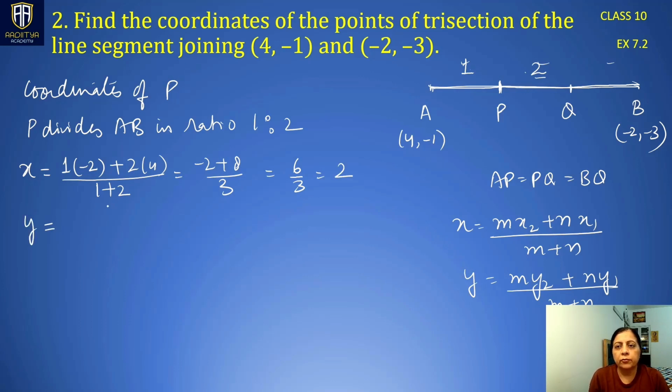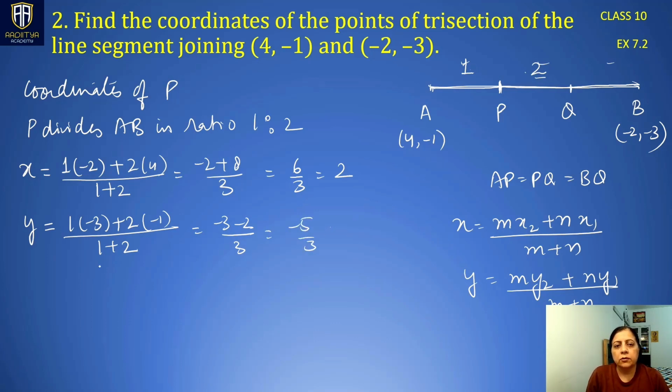For the y coordinate of point P, we apply the same formula, m times y2, 1 multiplied by -3, plus 2 multiplied by -1, over 1 plus 2. -3 minus 2 over 3, that is -5 by 3.